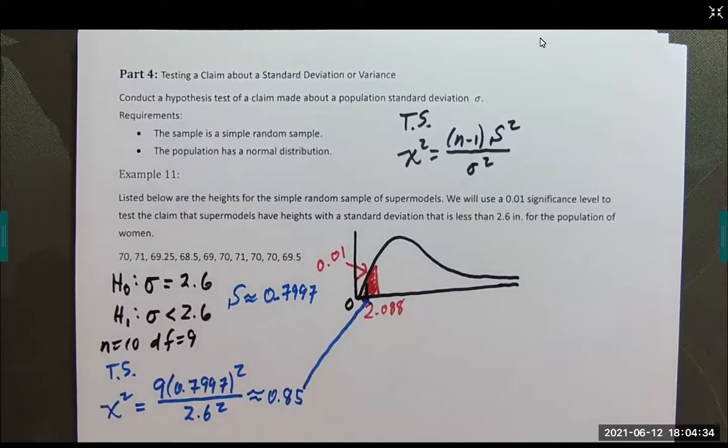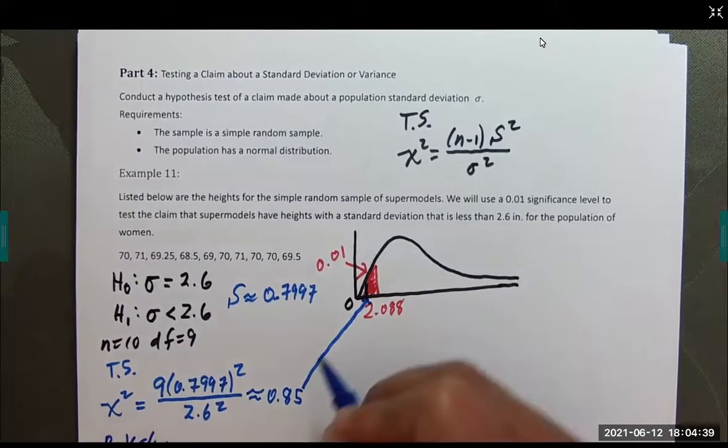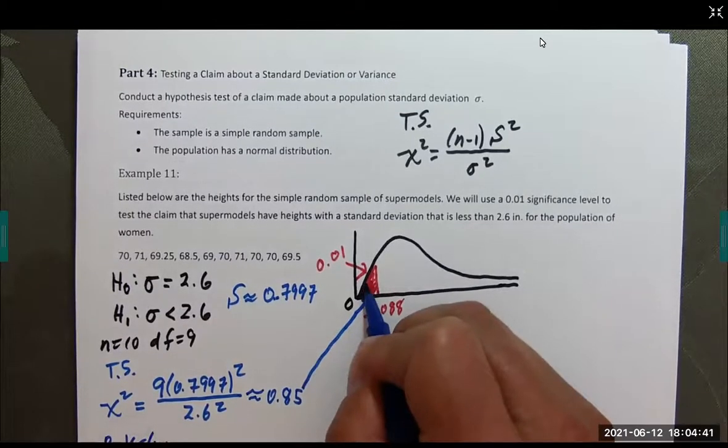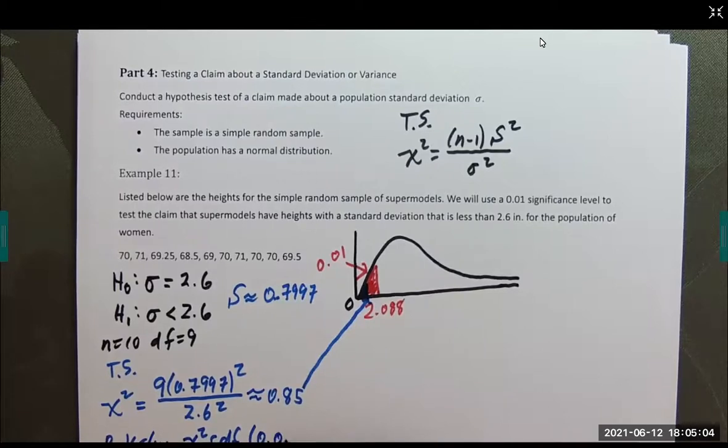Now, if I want to get the p-value, meaning the area to the left here, the p-value is going to be chi-squared CDF, and it's going to go from 0 to here, 0.85, with the degrees of freedom of 9.